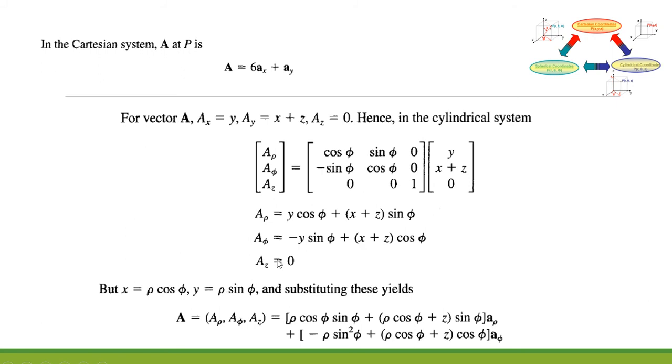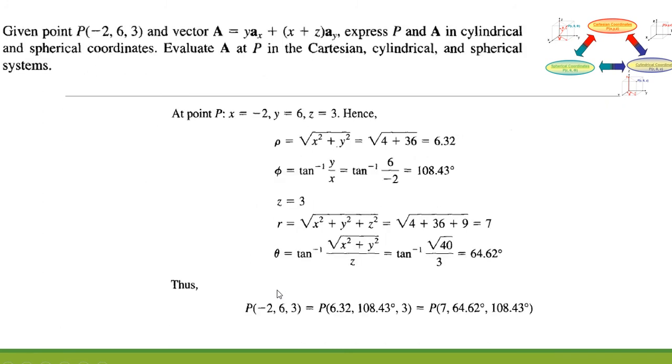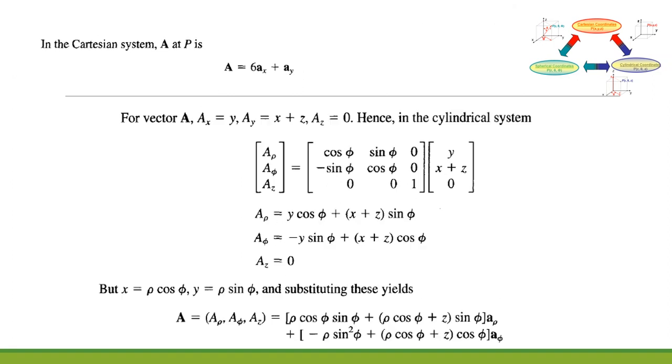After finding this equation, you have to substitute for y, x and z. For x, you have to write rho cos phi, and for y, you have to write rho sin phi. We substitute for this equation.